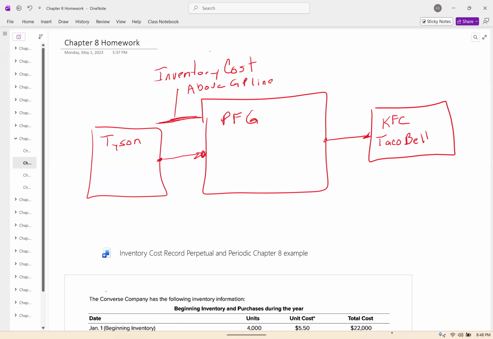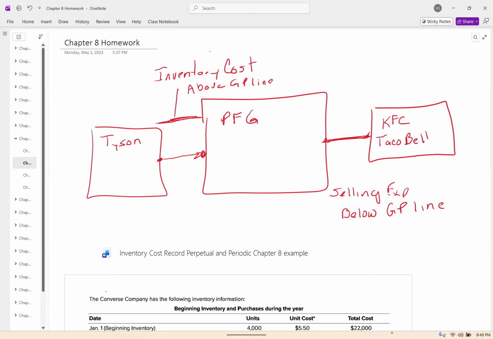This shipping out, all of this, is called a selling expense. At this point, y'all probably remember doing that multi-step income statement. So this inventory cost gets added into inventory over here and eventually ends up in cost of goods sold. That's why they say it's above the gross profit line. It's a selling expense over here on this end, and so that is below the gross profit line. Any shipping we pay going out goes straight to the income statement.